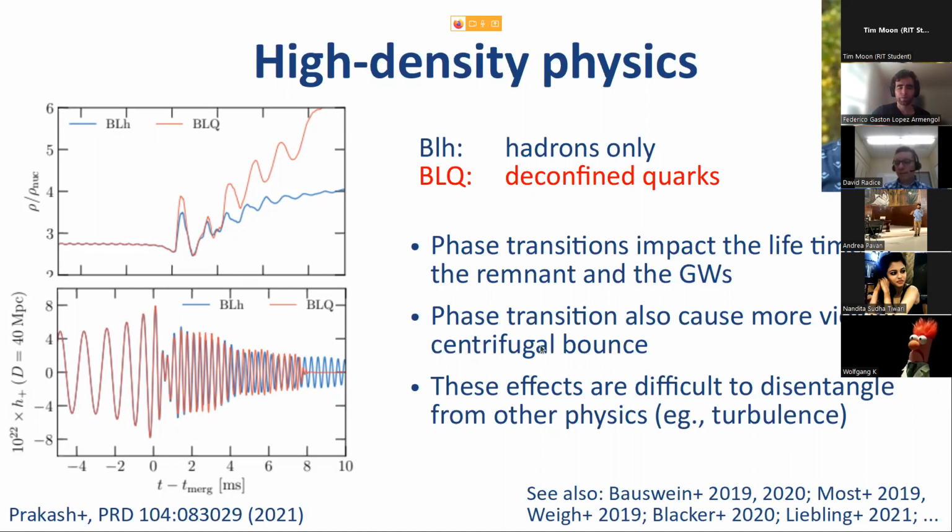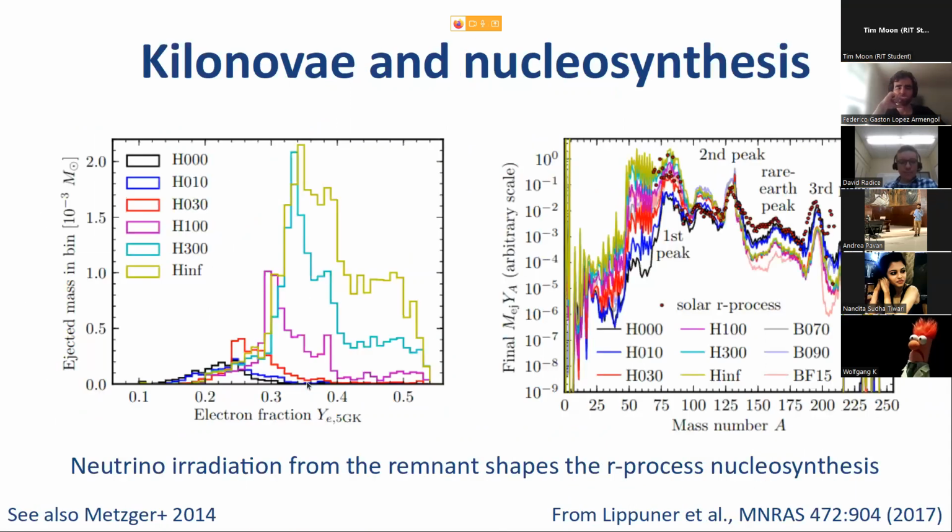So there are other things in the post-merger essentially that we hope to learn and that cannot be directly extracted from the peak frequency. Here the phase transition could be revealed if we have a way to measure the lifetime of the remnant. And in this case, there are some ways that have been proposed to measure this lifetime.